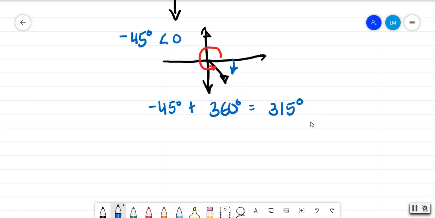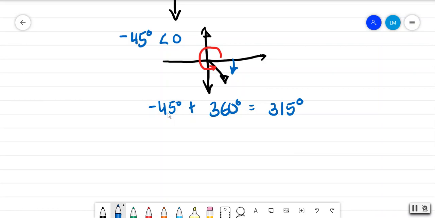So basically we find that the coterminal angle is 315 degrees, and that the angle negative 45 can be rewritten in the following manner.